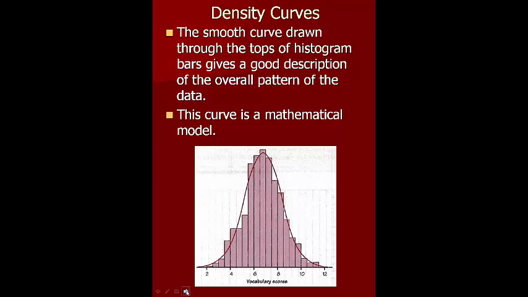If we took a histogram that represented all of your data, 100% of your data, and tried to draw a curve around the top of it, touching all of the tops of the bars of our histogram, then we could claim that that would be a density curve.